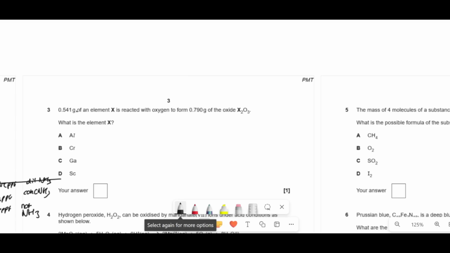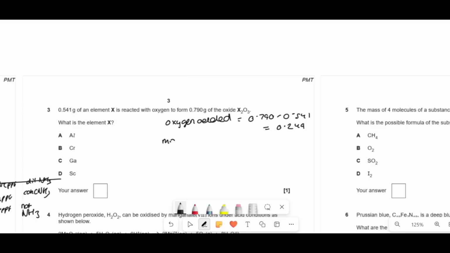Okay, so 0.541 grams is reacted with oxygen to give you that, and that's the amount of oxygen added. So the oxygen added must be the difference between those two. So 0.790 minus 0.541 gives you 0.249, right? Fine.